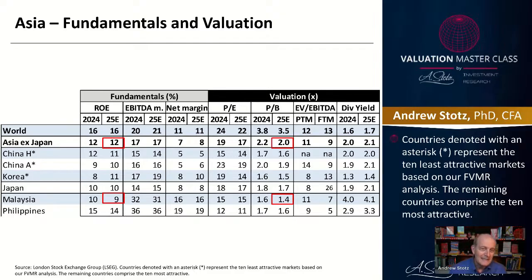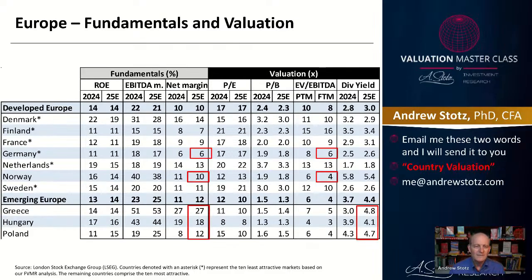Now, you're going to see later the remaining factors, but let's continue with fundamentals and valuation and apply this to Europe. So here we have developed Europe and emerging Europe. And what you can see is that Denmark is unattractive, Finland unattractive, France unattractive, Germany unattractive, Netherlands unattractive, Sweden unattractive.